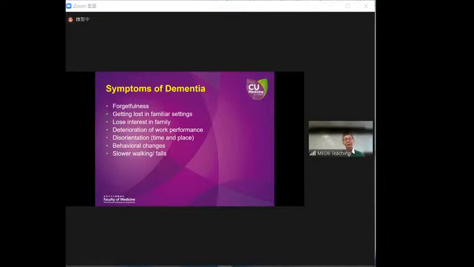They would tend to fall forward. So overall, people with dementia have a much higher risk of falling, at least 4 to 5 times more than the general older population. So they are at very high risk of hip fracture.